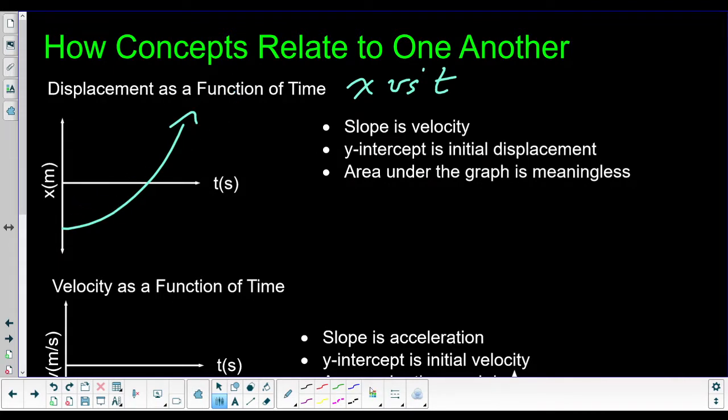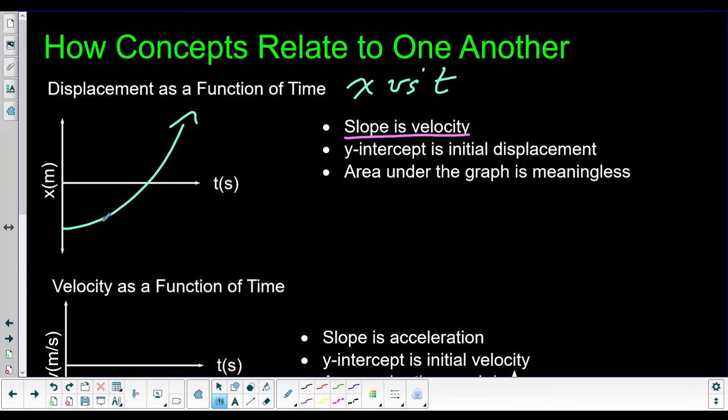We need to talk about just what do the key features of the graph represent physically. So the first and most important thing you need to know about a displacement time graph is that the slope is velocity.